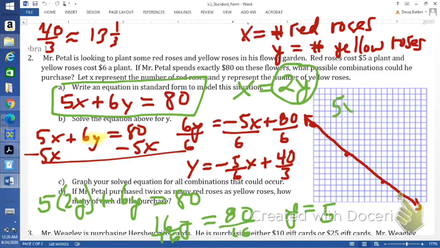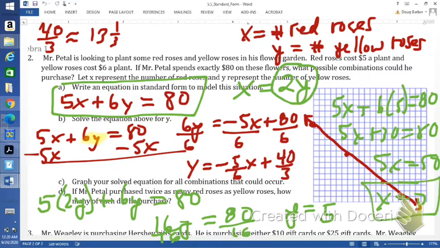So 5x plus 6 times 5 equals 80. So 5x plus 30 equals 80. Subtract 30 from both sides, so 5x equals 50. So x would equal 10. So we have 10 red roses and we have 5 yellow roses.